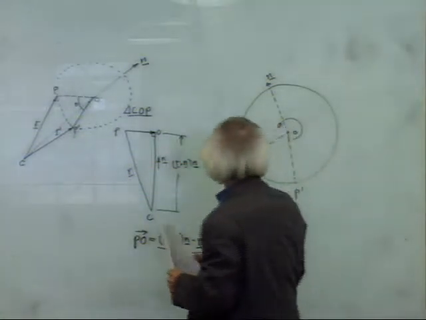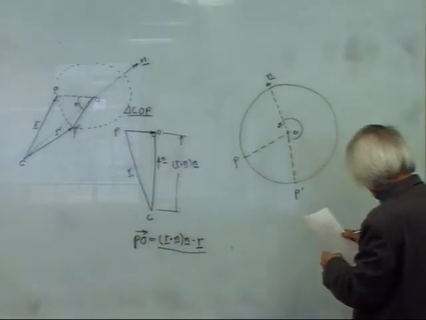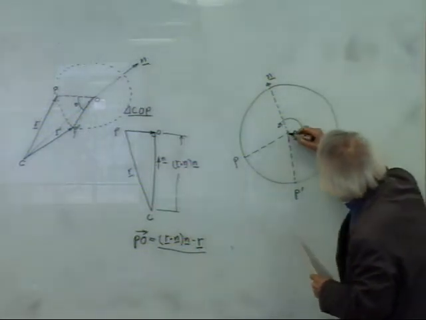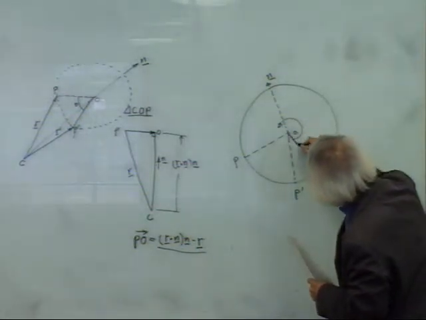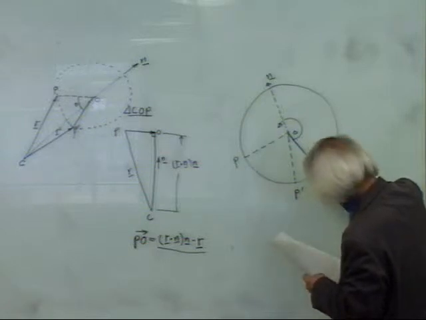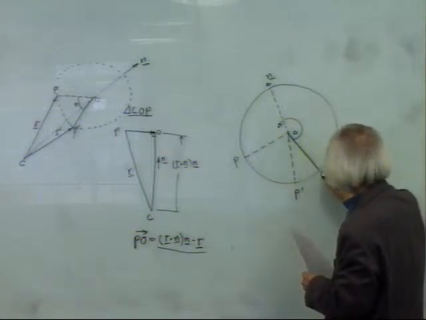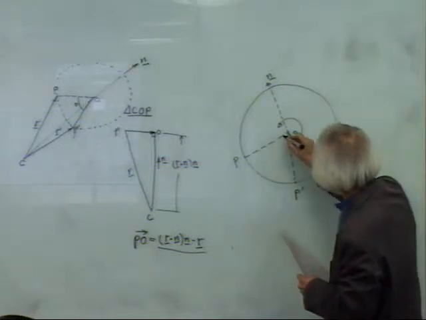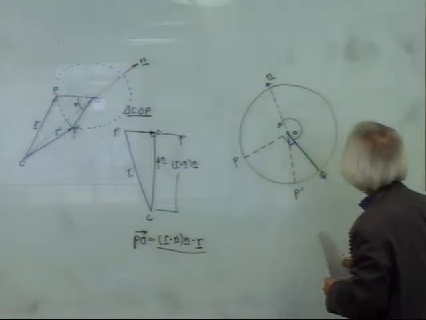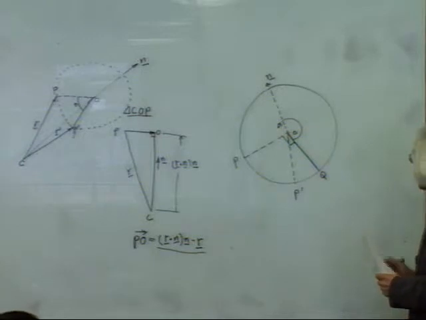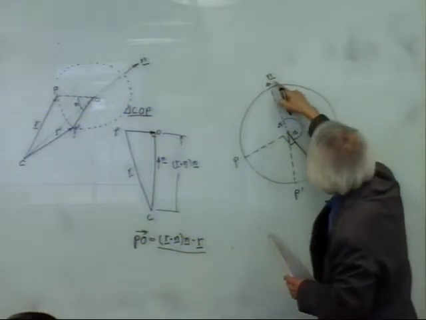So now let me just draw this guy. There is a normal vector from here to there, which I will call Q. This is a perpendicular. Then this is my N.